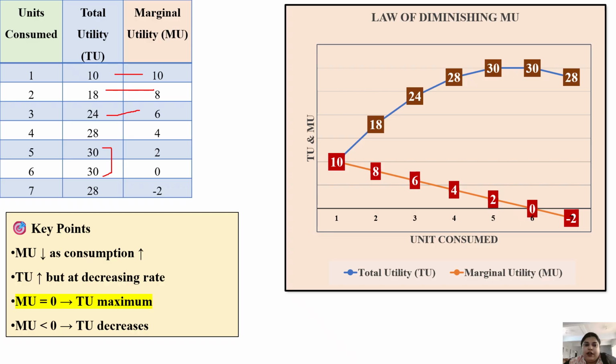For the first unit consumed, the total utility is 10 and marginal utility is 10. After the second unit, the total utility is 18 and marginal is 8. Now the third unit is consumed, the TU is 24 and marginal is 6.